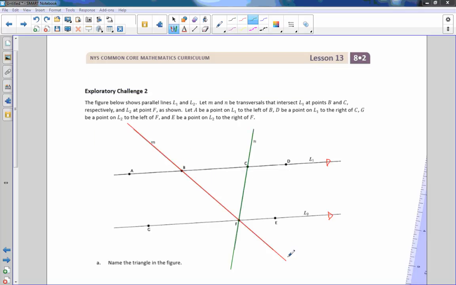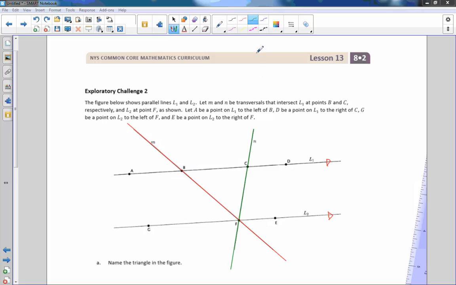Okay, so transversal M is red, transversal N is green. It says let M and N be transversals that intersect L1 at B and C, respectively.